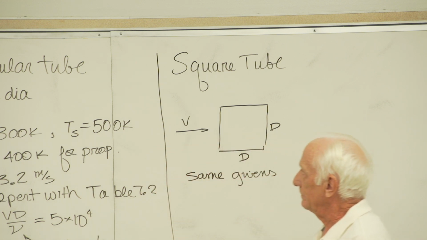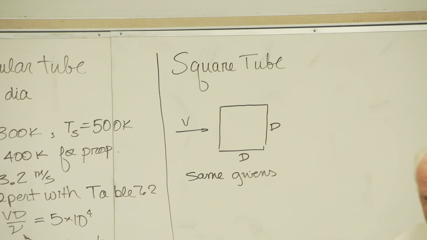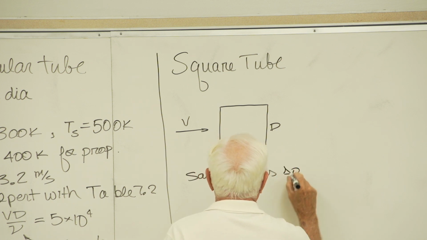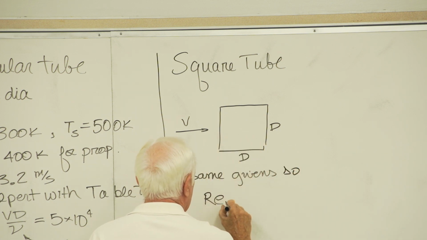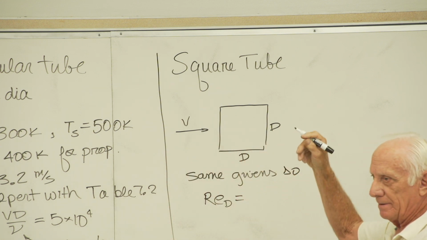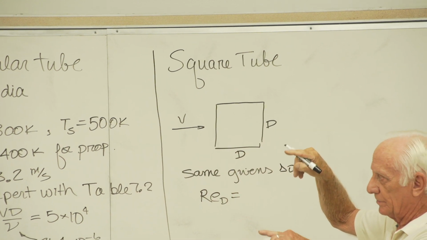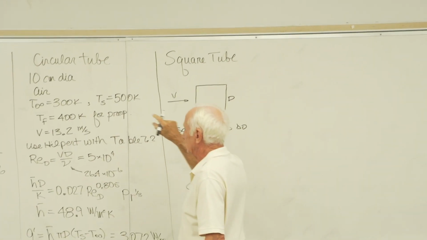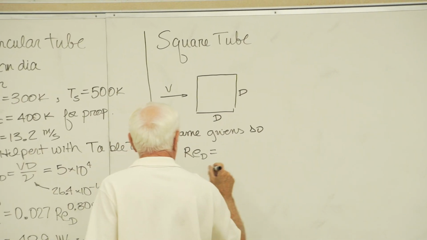Given Ts, given T infinity, given the velocity, given this air, everything is the same. So the Reynolds number is the same because what's it based on? The top to bottom of the square tube, which is D, which is 10 centimeters. 5 times 10 to the 4th.